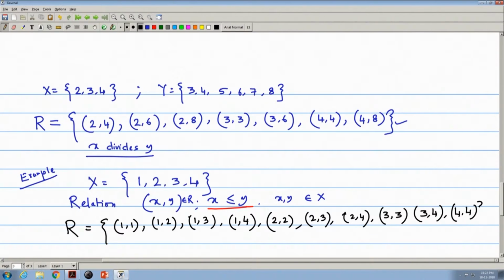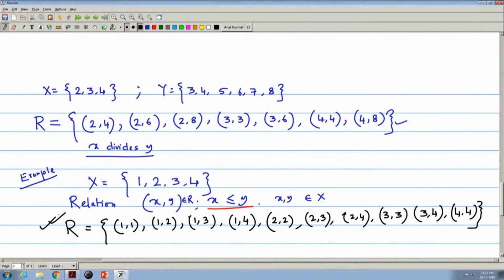These are the ordered pairs for which X is less than or equal to Y. So, this is one relation.